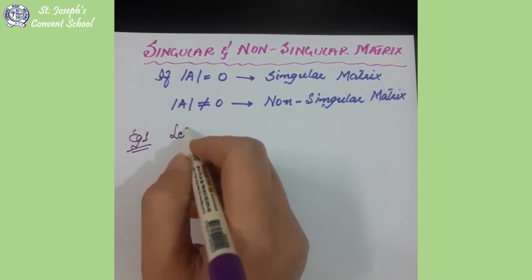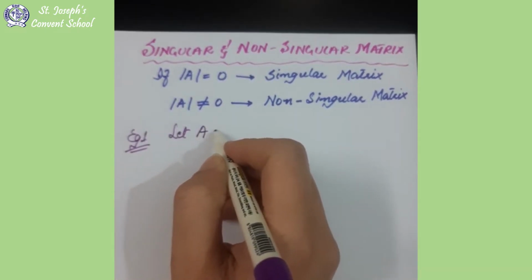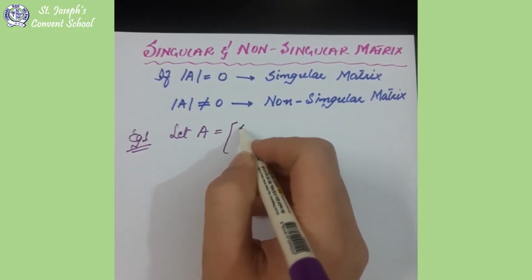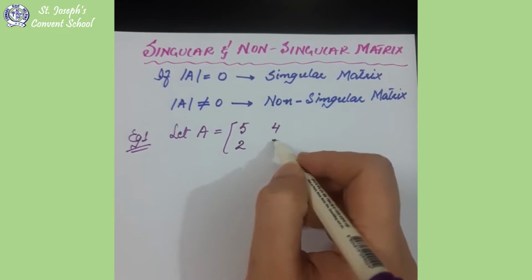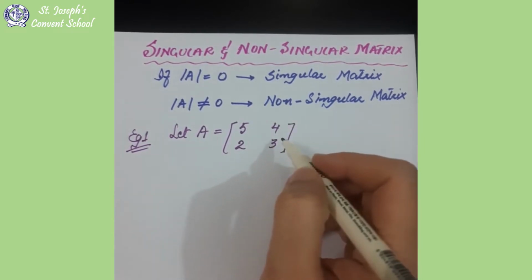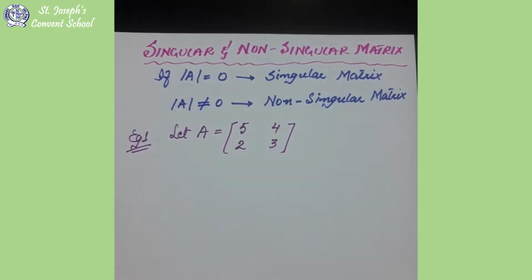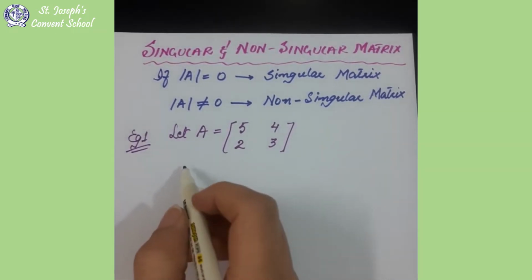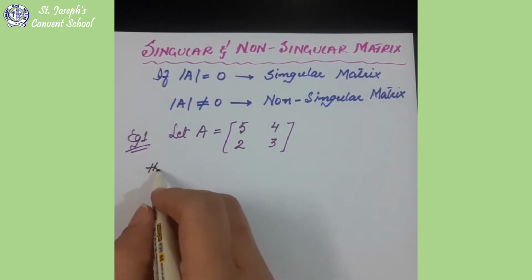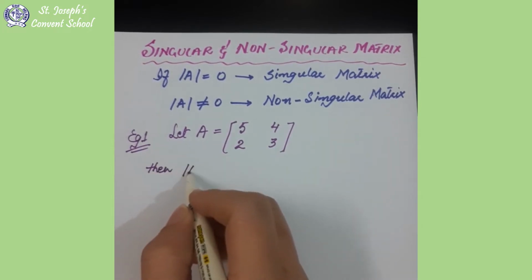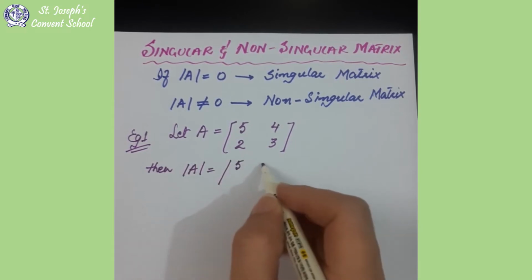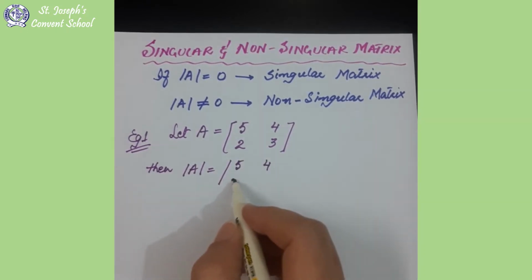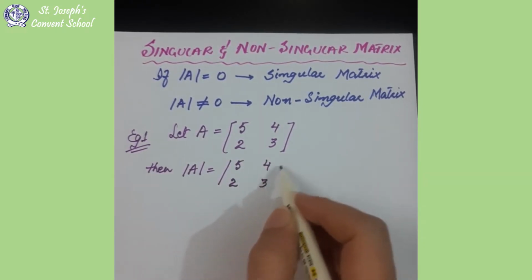Suppose matrix A is 5, 4, 2, 3. This is matrix A, and now we are going to find the determinant and check the answer. So convert it into determinant form. Then determinant of A is equal to 5, 4, 2, 3.